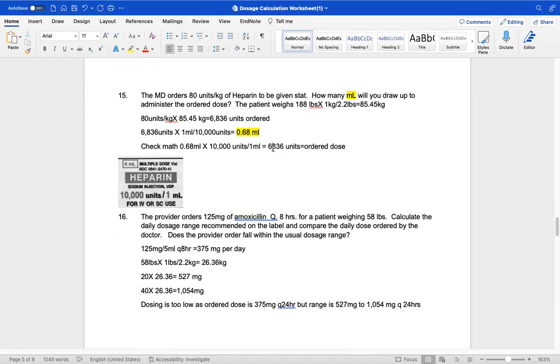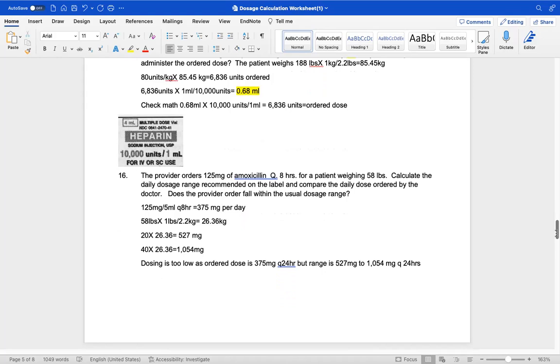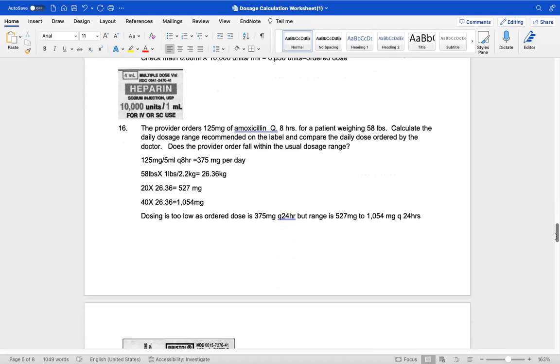That gives us that ordered dose of 6,836 units. This matches what we figured up here, which means that that is the correct dosing for this patient, 0.68 mLs. Again, if checking your math is way beyond where you're at this point, then just ignore all of those steps. But this is how we are going to show you how to work these.